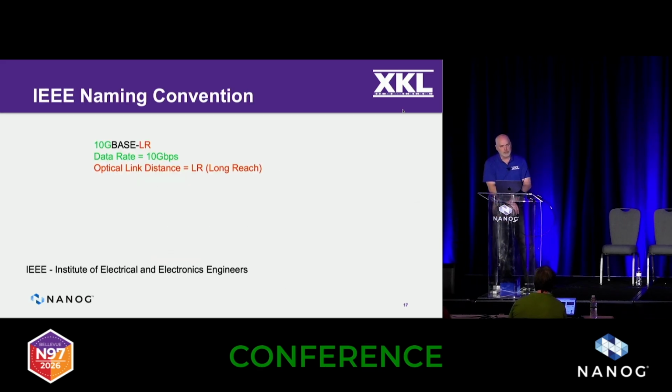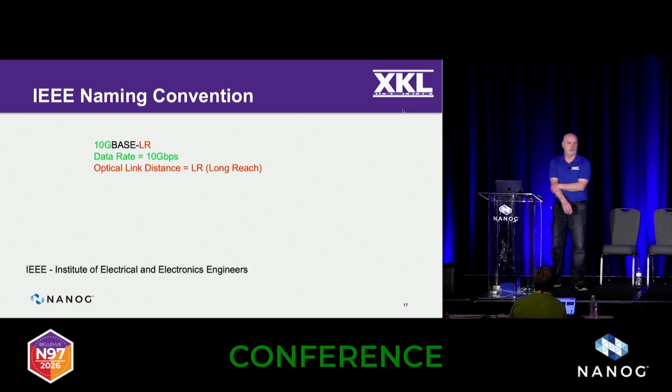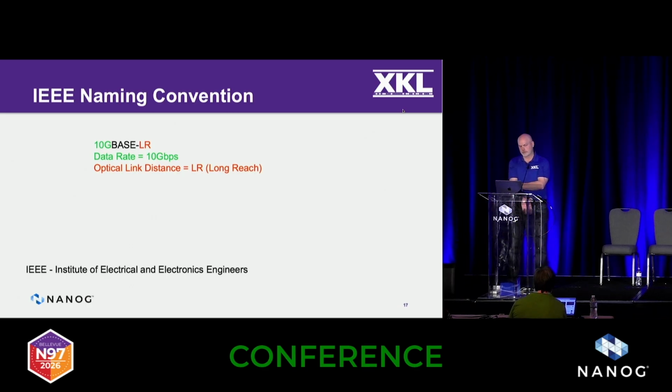So the IEEE, one of the entities that's heavily engaged in helping create these standards, refers to a lot of the transceivers in this form here, 10G base LR, for example. So that refers to the data rate, 10G, 10 gigabits, the distance, the reach, LR, long reach, right? So this is how this came about.